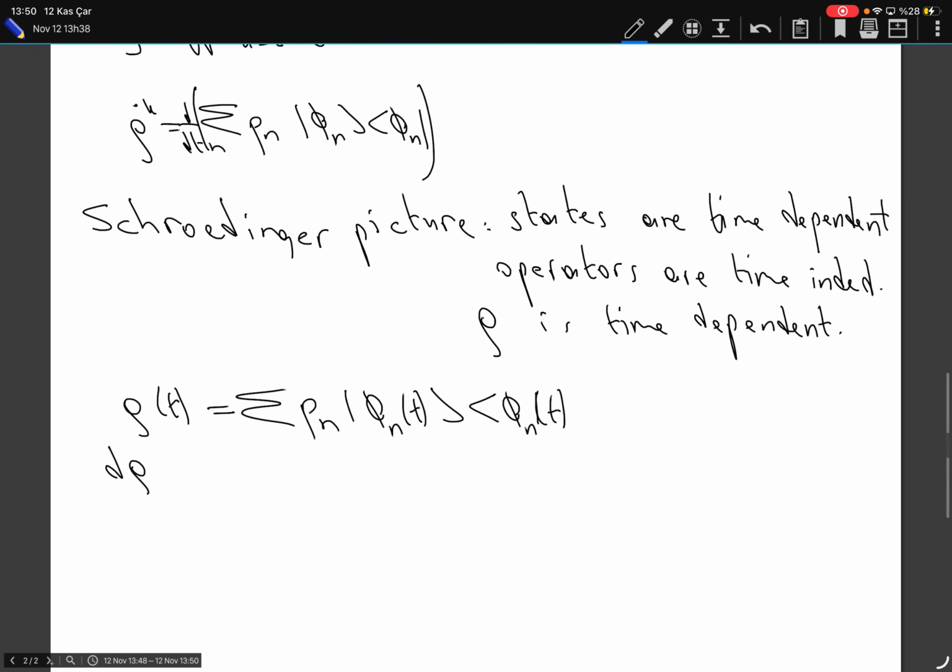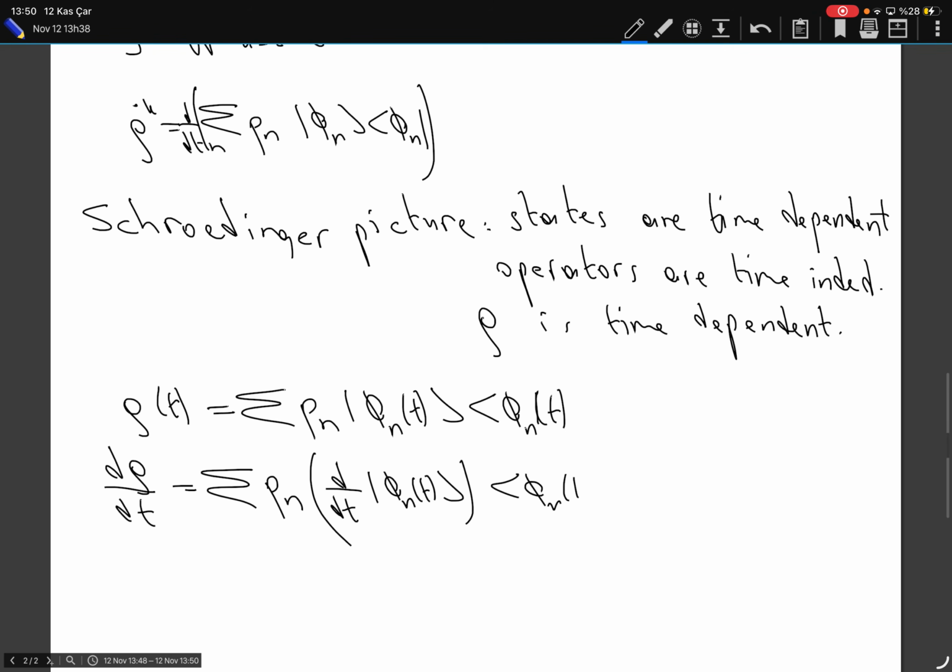So the time derivative will be equal to P_n, the time derivative of |phi_n(t)>, the ket, plus the bra, the ket times the time derivative of the bra.